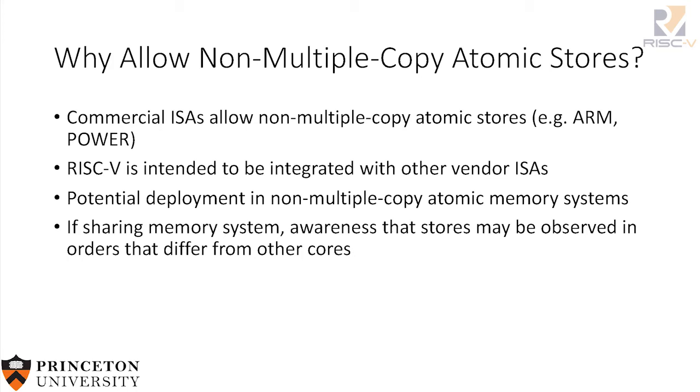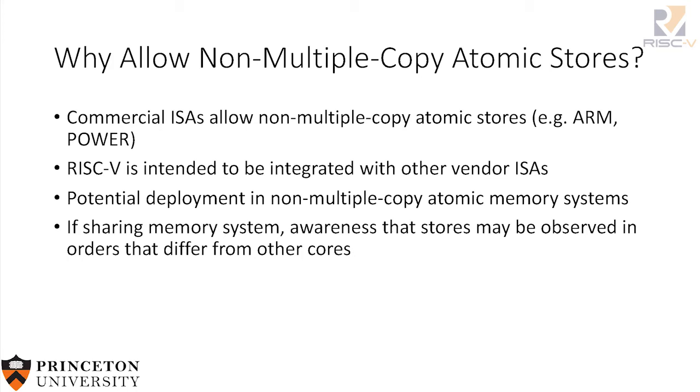We believe that, as we've seen today, RISC-V is intended to be used in a variety of SoC type environments. It could very well be interacting with GPUs, many accelerators that don't have memory models or have weak memory models. And if we want RISC-V to work seamlessly in a memory hierarchy that allows this lazy reordering of stores, we want RISC-V implementations to at least be aware that they could be subject to viewing that sort of weak store behavior.